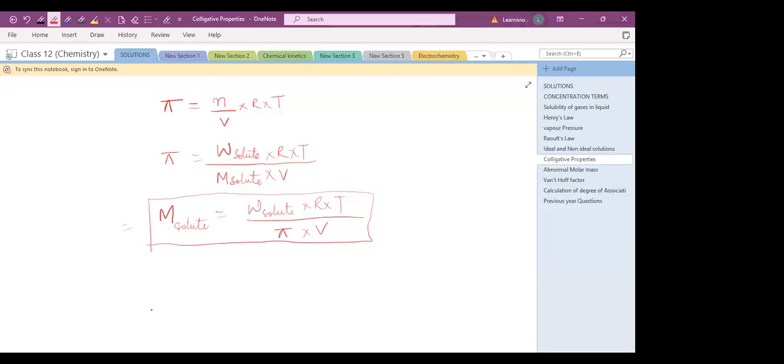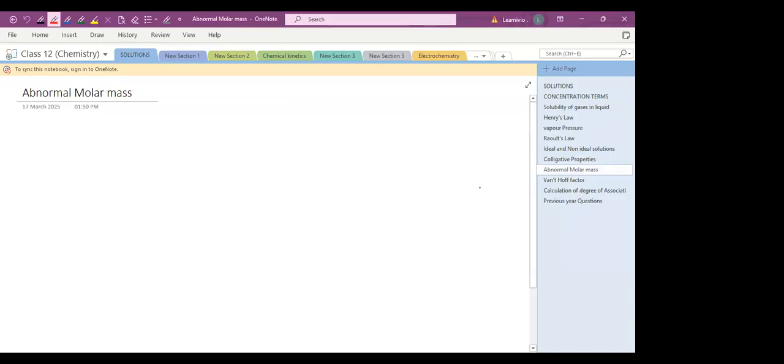Okay, so next topic is abnormal molar mass. So what is abnormal molar mass? Basically, abnormal molar mass arises when the measured molar mass of a substance in a solution deviates from its expected value. What we expected, it doesn't give that value. It deviates from that value due to the association and dissociation of solute particles.